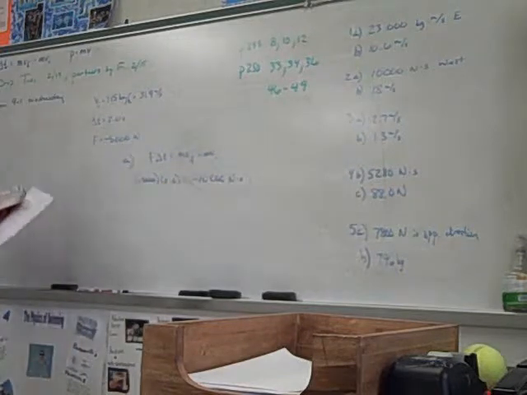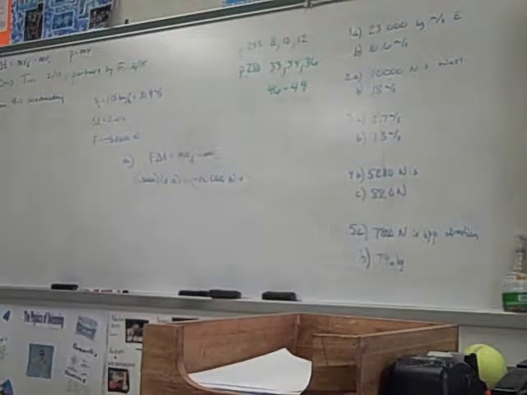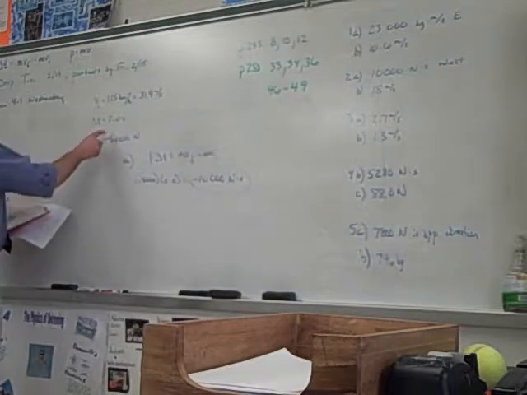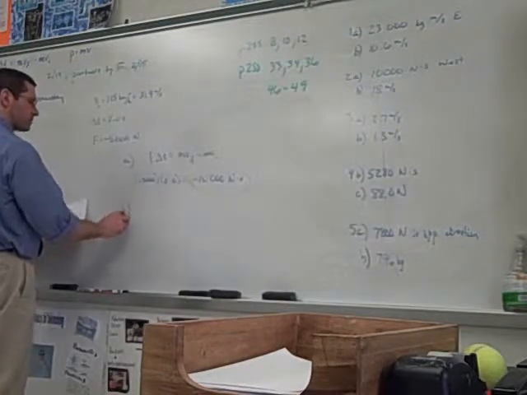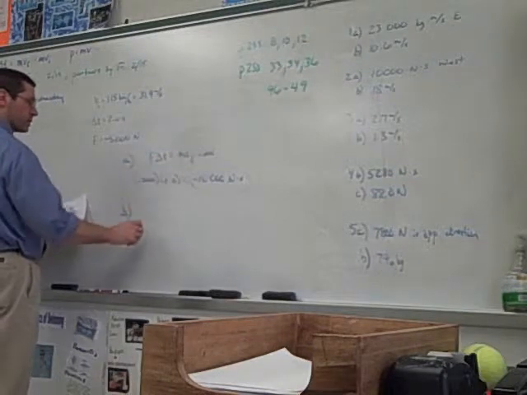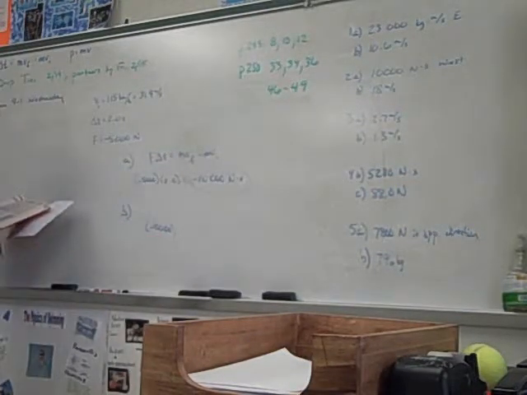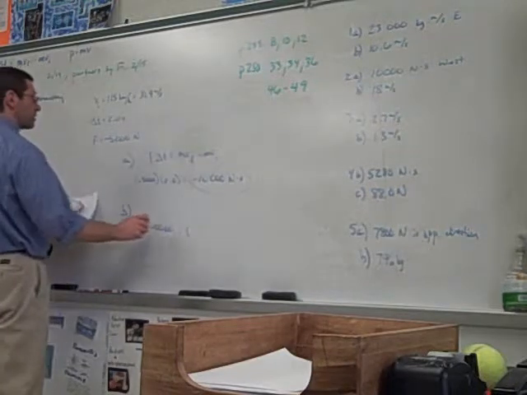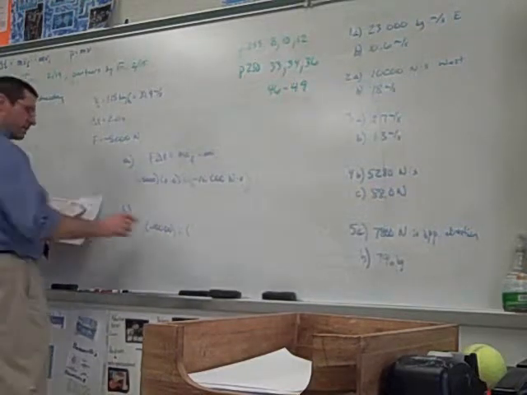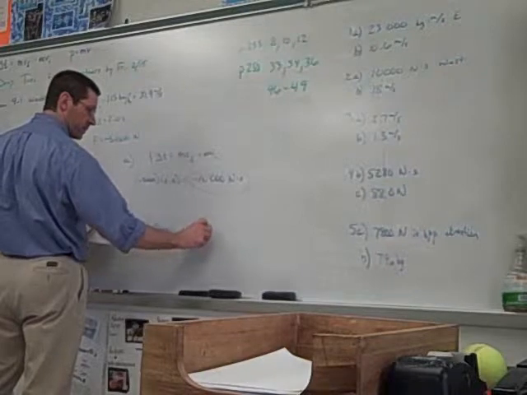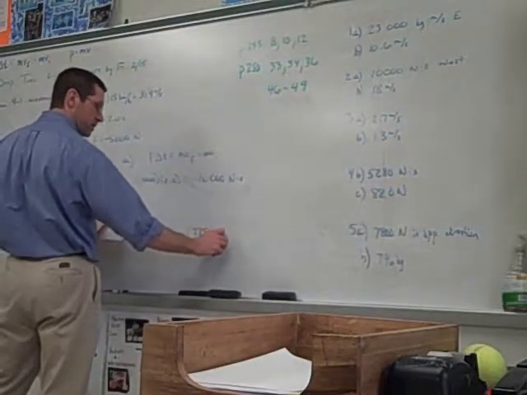Now B says, what is the velocity of the car after the braking is done for 2 seconds? So now we'll go back to using this equation. So now it's negative 10,000, which is the change in momentum, equals the car's mass, which was 725 kilograms, times its final velocity, which is what we want to know.